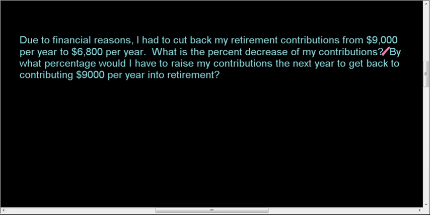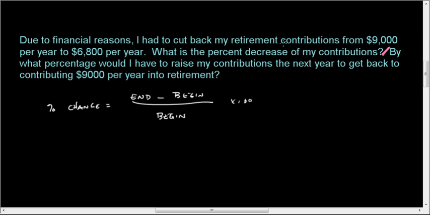Alright, so now I'm looking for a percent decrease. So my percent change is equal to my end minus my beginning divided by my beginning times 100. So I can just simply put all of these numbers in.